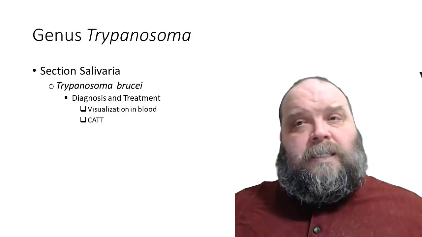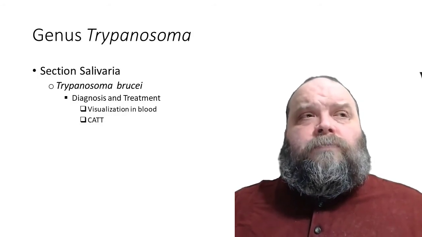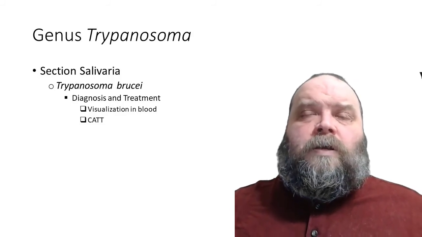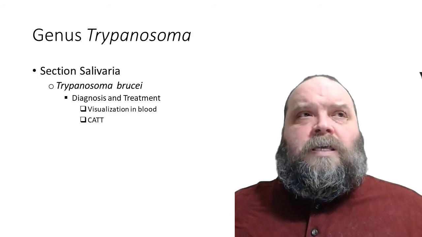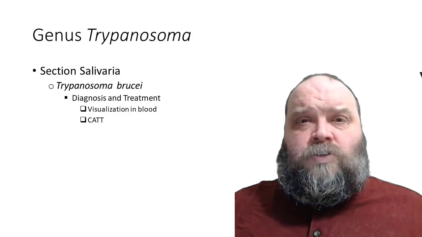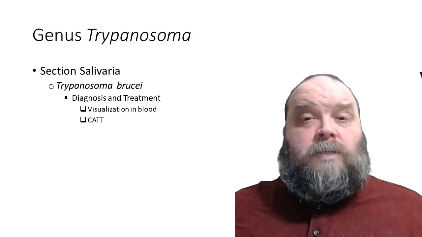There are other tests like the CATT test mentioned in the textbook that allow for a more precise, definitive diagnosis for genus, species, subspecies, so that if there is any drug interaction that could be a concern, they can target the drug to the specific subspecies.